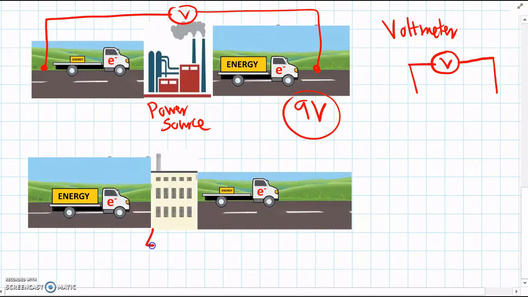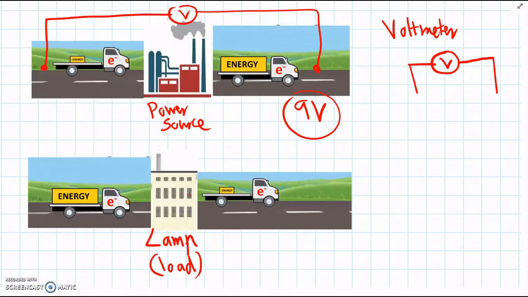But then as the electrons go through the load, or the lamp from our diagram before, they're giving away some of their energy as they flow through it. So the trucks go through the lamp or the factory, and they give away some of their energy, which becomes light energy.